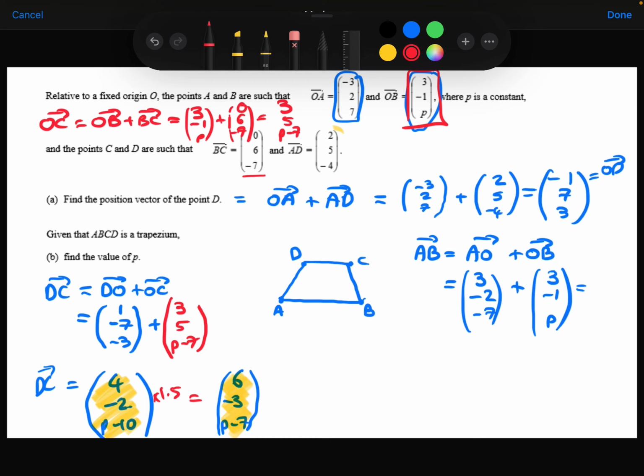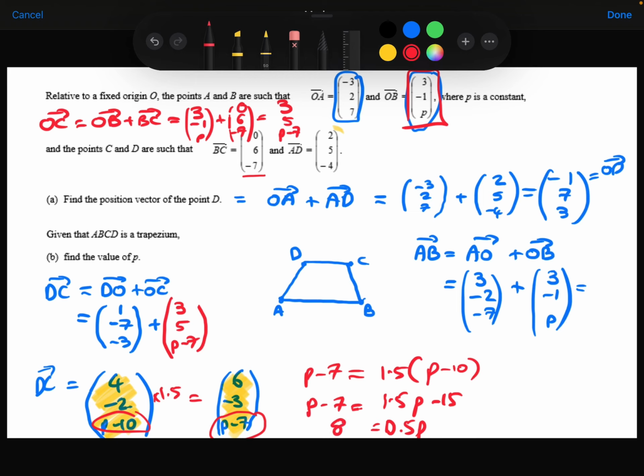So that means that comparing the z components then, the p - 7 has to be 1.5 times the p - 10. Which means that p - 7 is 1.5p - 15. So 0.5p is equal to 15 - 7, so 8. So p is going to need to be 16.